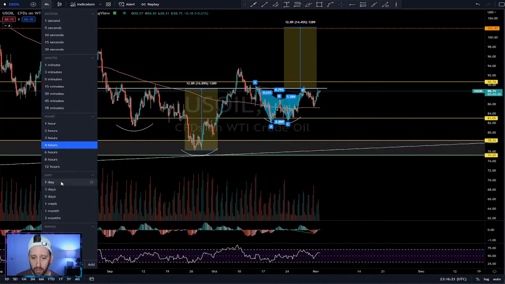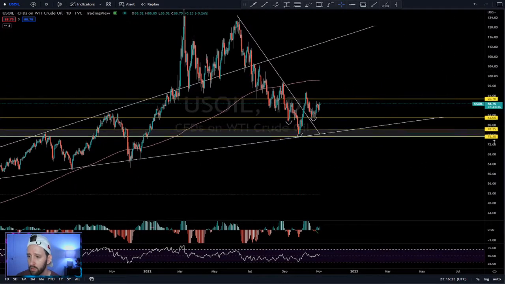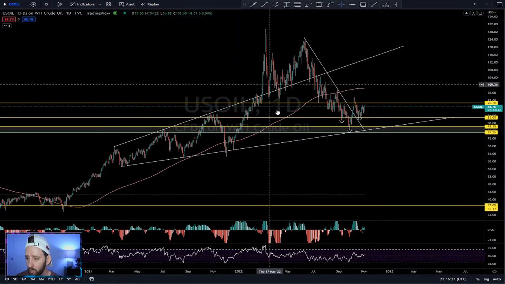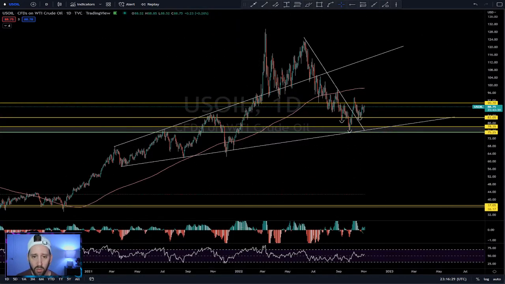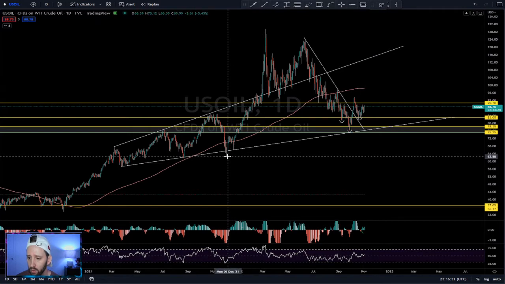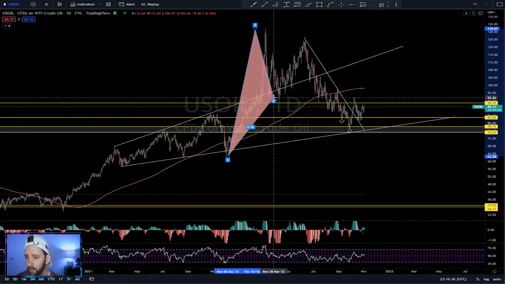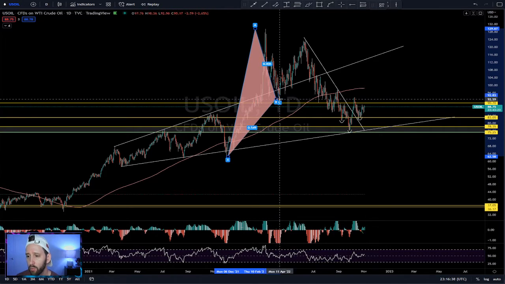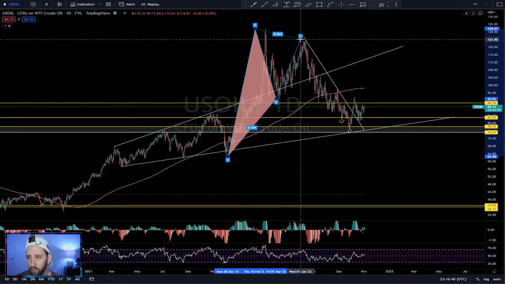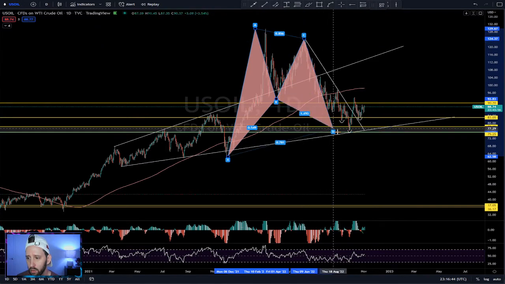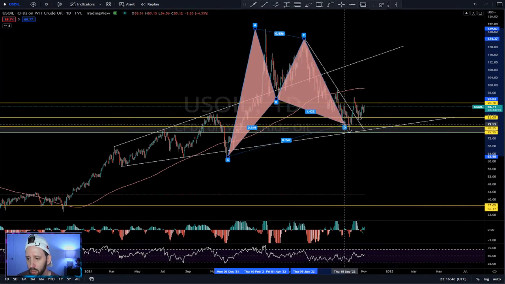Flipping back to the daily, even just looking at this complex wave structure here, potential M shape. Let's see if it's anything formal. You have your X, your A, your B. So B is too shallow, unfortunately, to be anything formal. And the 786.